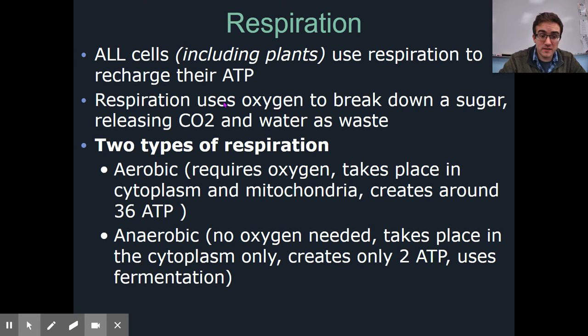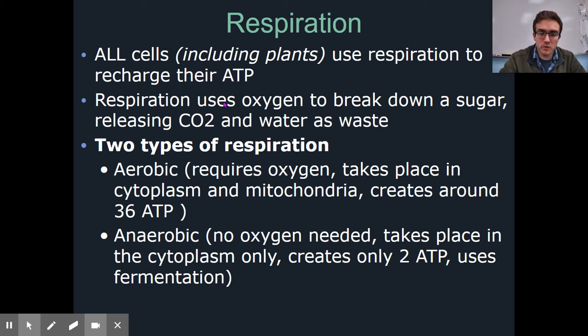There's two different types of respiration. There's aerobic respiration and anaerobic respiration. Aerobic respiration is respiration in the presence of oxygen. It takes place in the cytoplasm, which is like the jelly-filled liquid just in the cell, and in the mitochondria.